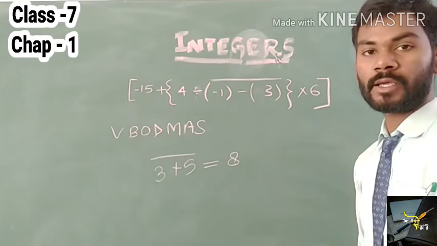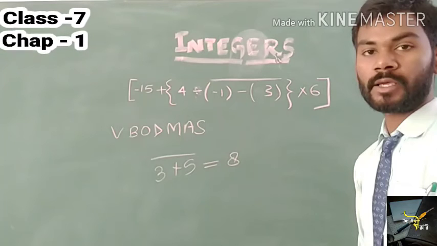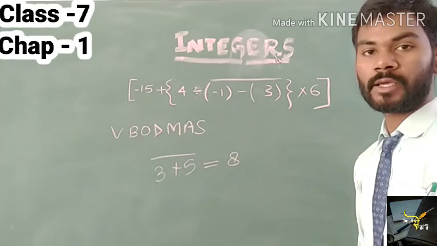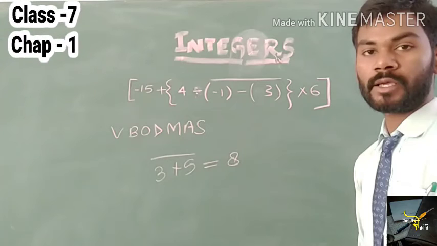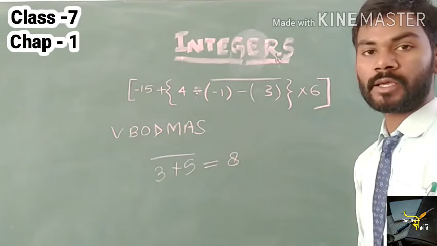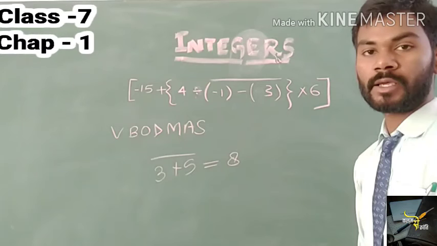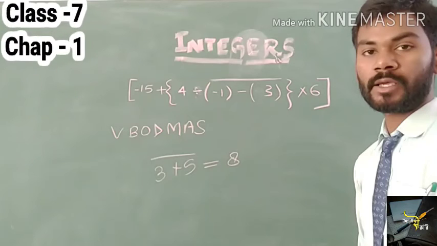Since both integers have different signs, that is one having plus sign and another having minus sign, the result, that is the product, will also be negative. So here we get the product is 180 because 6 threes are 18, and this is divided by minus 3.